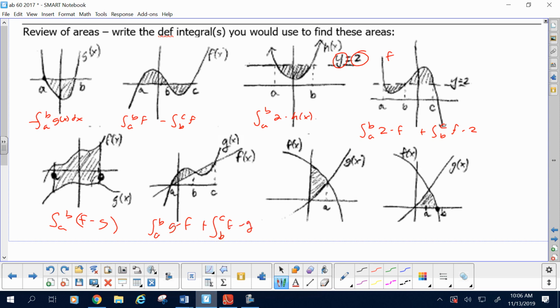Heather, go ahead. What about the seventh one? What's the middle? I assume that's the axis, so assume that's 0. 0 to A, my handwriting's terrible. F minus G or G minus F?